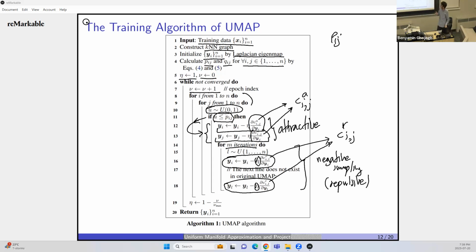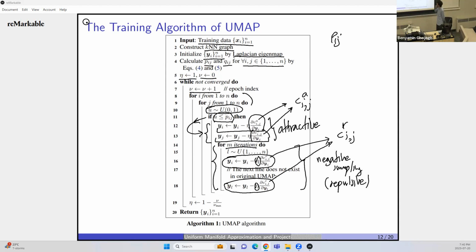However, here we are saying that only if the two points are similar to each other, I update their embeddings, both yi and yj, and also for xi or yi, I consider m negative points, and I update yi and yl. L here is for the number of negative points, right? I do that, I update them.